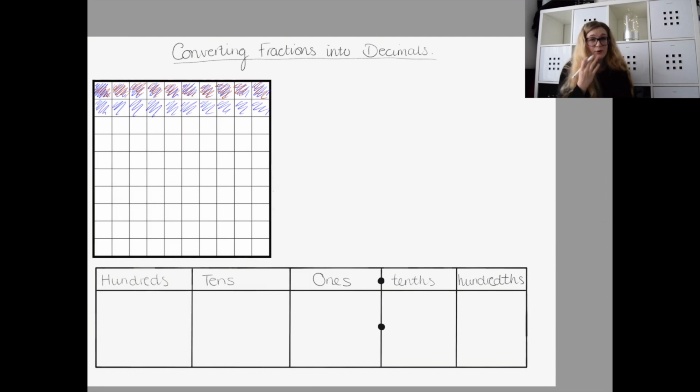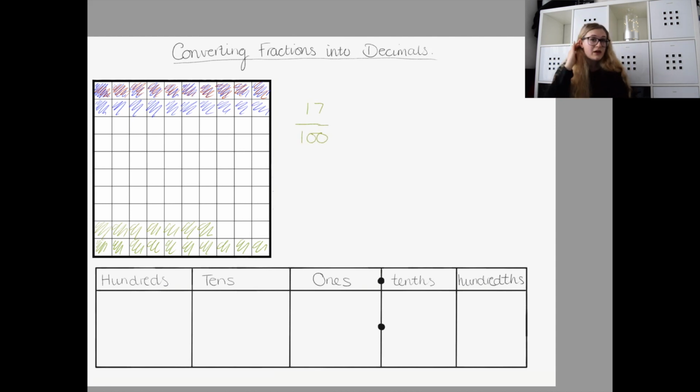I'm going to colour in the bottom ones this time. So I've got 1, 2, 3, 4, 5, 6, 7, 8, 9, 10, 11, 12, 13, 14, 15, 16, 17. Let's go for 17.